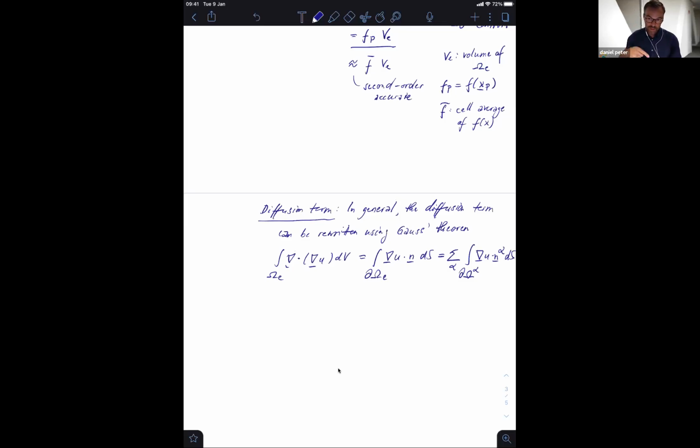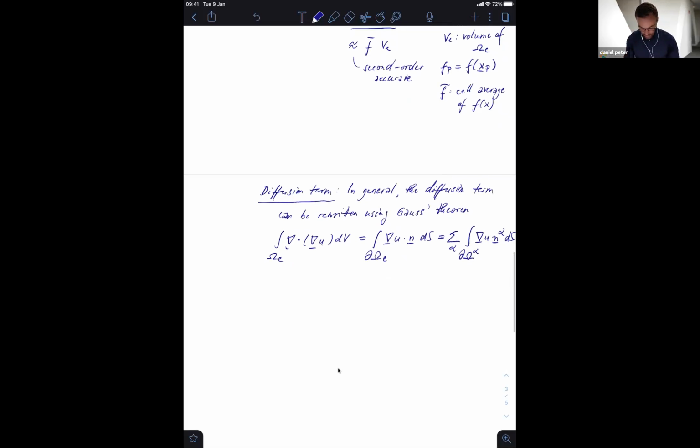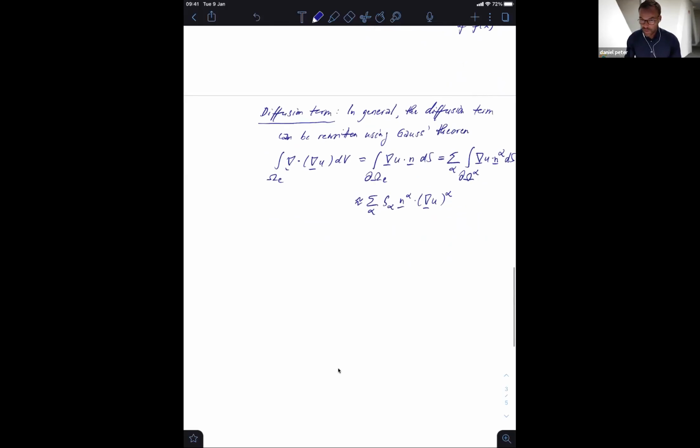And now these integrals over the face alpha would be approximated just by the value at the face centroids. So then we have S alpha, n alpha times the gradient of u at the centroid of the face. That would be the general case, how we would approximate these terms.